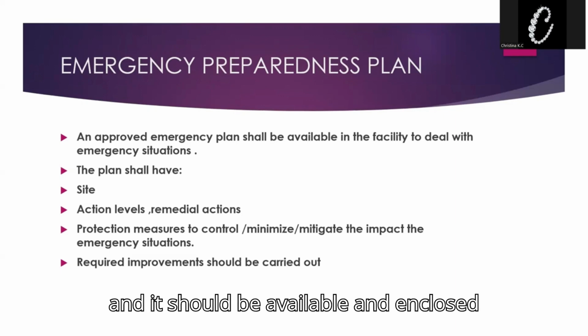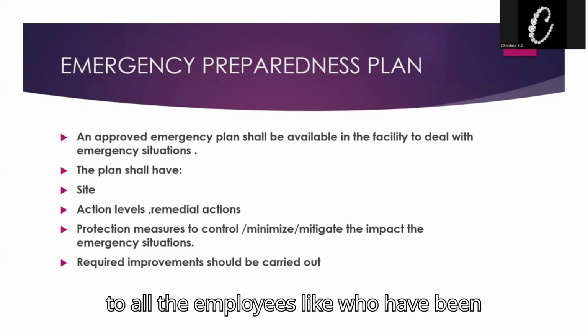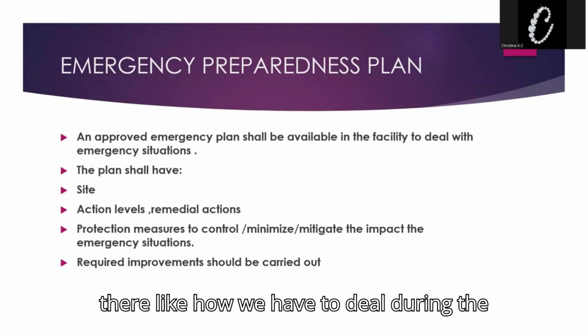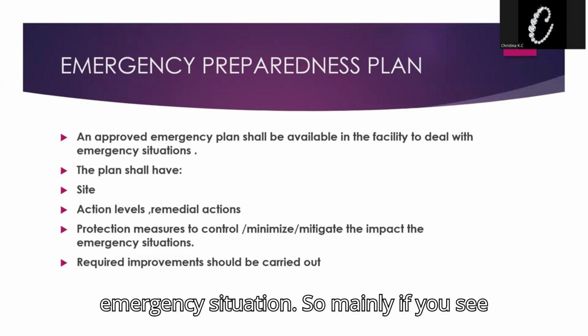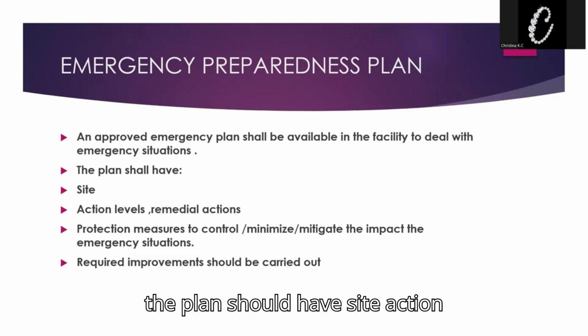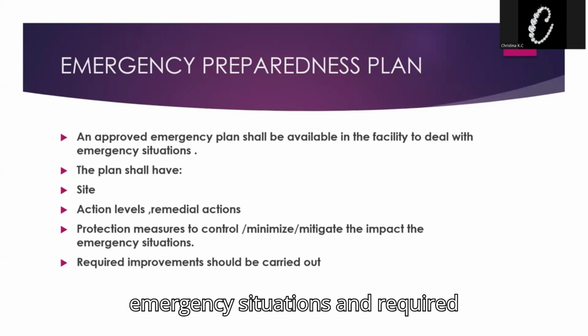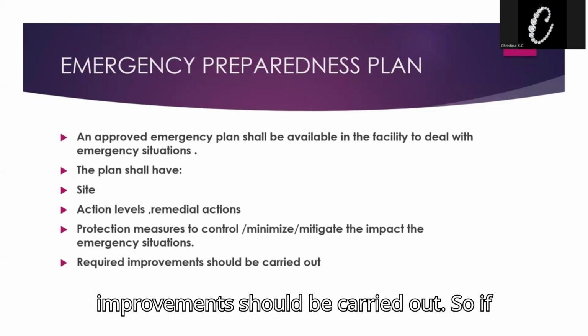It should be available and made known to all the employees dealing with this, so they know how to deal with an emergency situation. The plan should have site action levels, remedial actions, and protection measures to control, minimize, and mitigate the impact of emergency situations, and required improvements should be carried out.